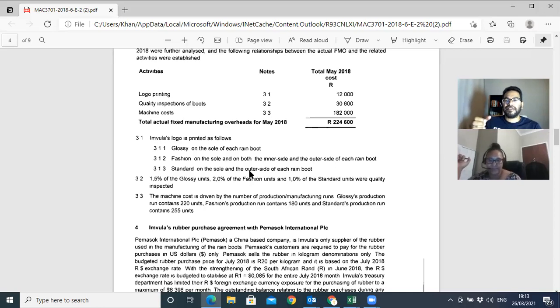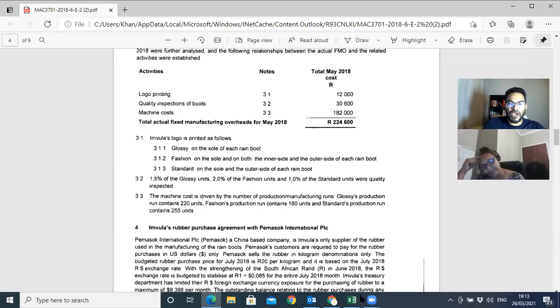If you think about a stamp that you would have to stamp on, you have to buy ink for the stamp. Ink will basically dry up based on the number of times you have to make a stamp. So that would be driving that cost. Same thing over here, it would be the number of logos that you have to print.